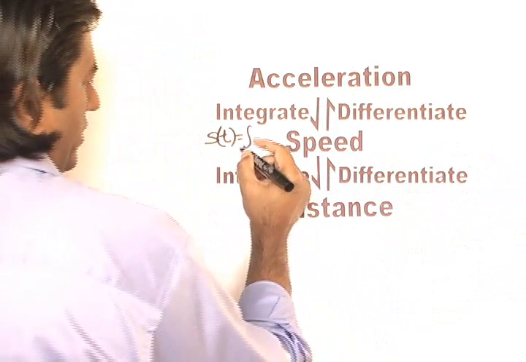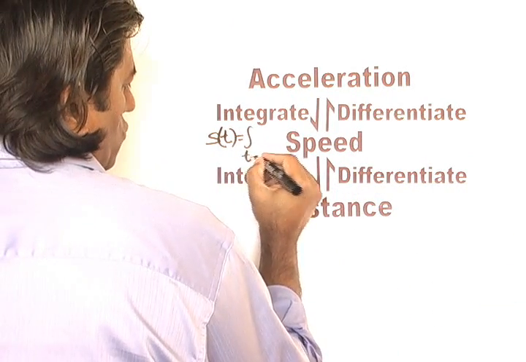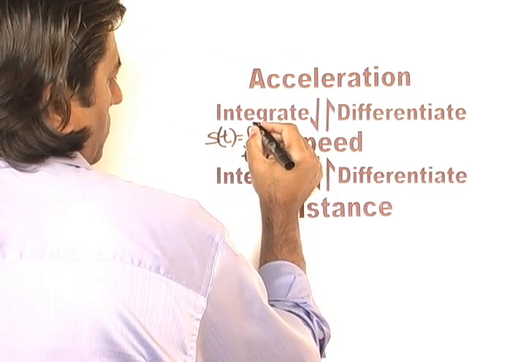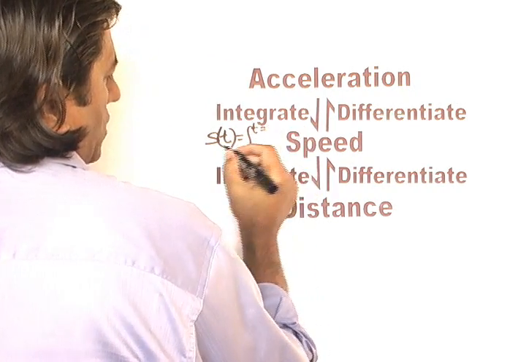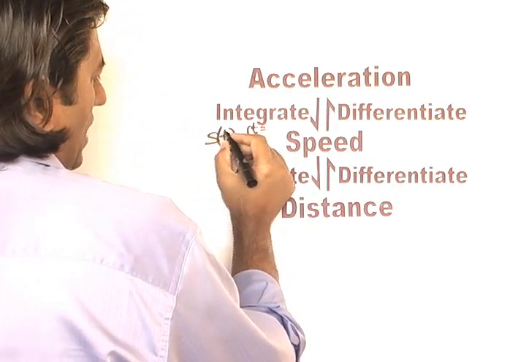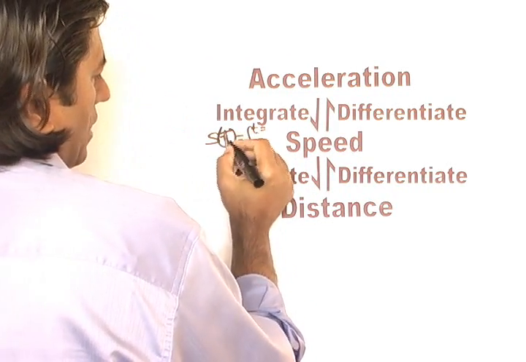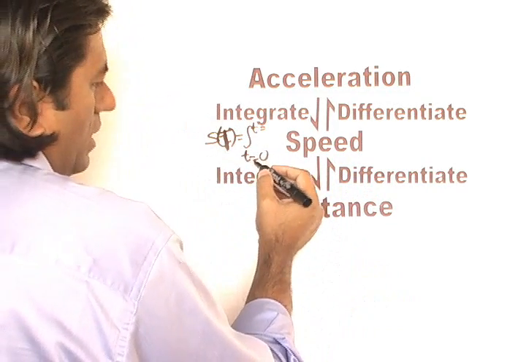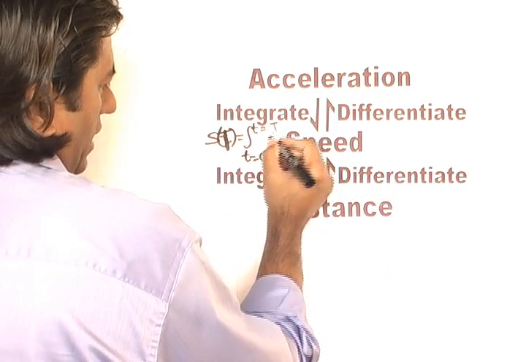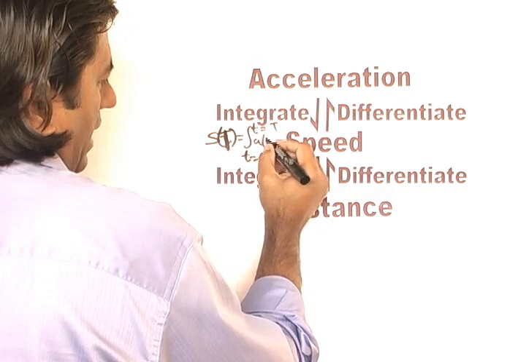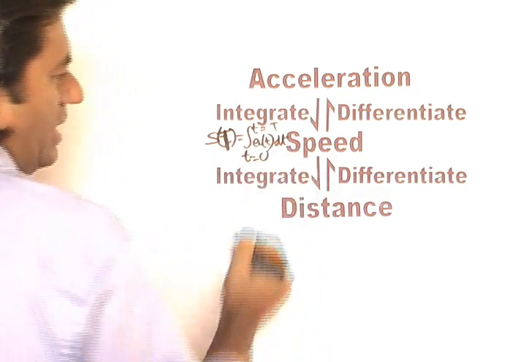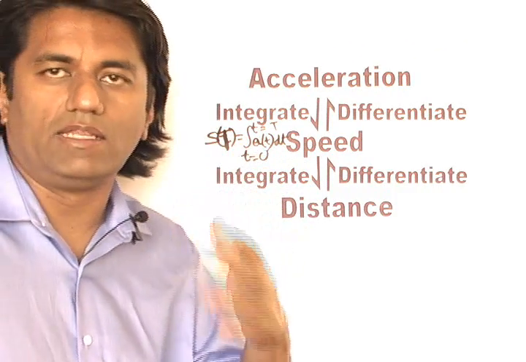So that would be the integral, let's say, time equal to 0 to time equal to, if this is capital T, you want to know what the speed at capital T is, and it would be the integral from 0 to capital T of a(t) dt, where a(t) is acceleration at any point in time.